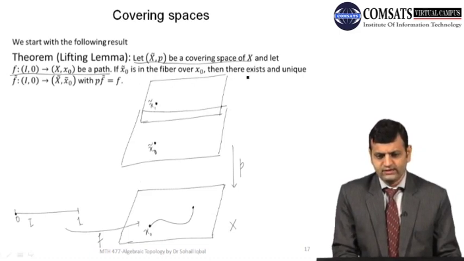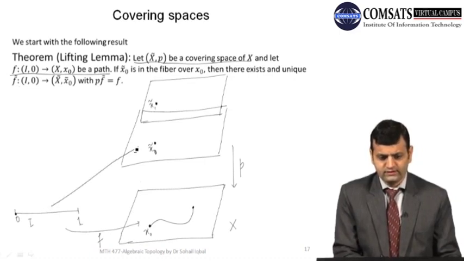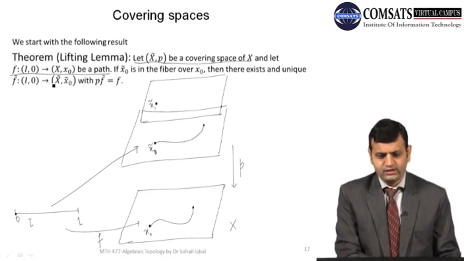So if x naught is in the fiber over x, x naught tilde is in the fiber of x naught, then there exists a unique function from I to this X tilde, such that 0 goes to x naught tilde. So what is this continuous function? Of course it is a path with starting point x naught tilde. So we will get a unique function.